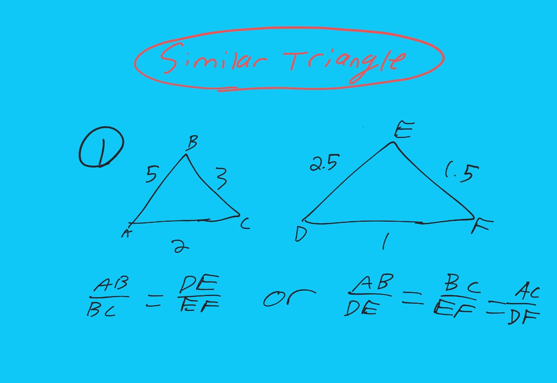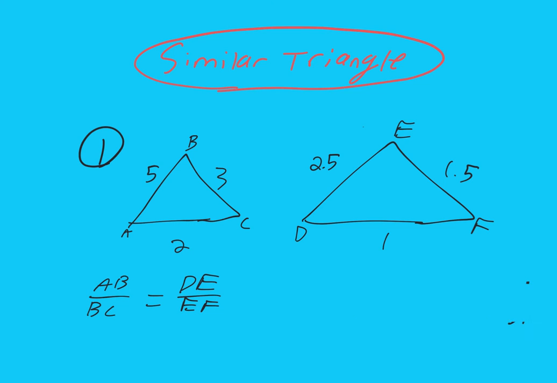Okay, so those are the two options that we have. We can prove either one of those two things. And so it's up to you. You can actually choose which one you want to go with. I'm going to go with the first one because it just seems like it's less work.